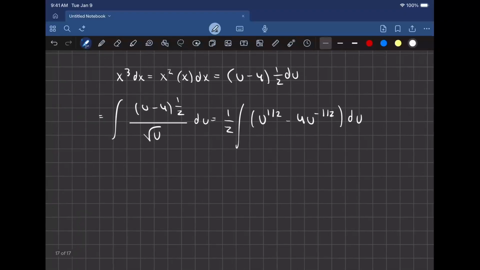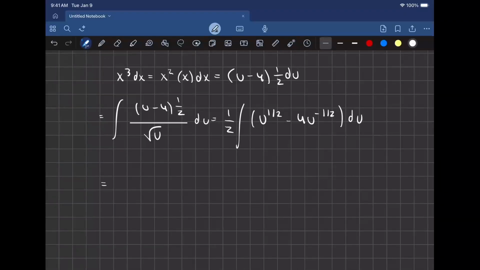Okay. Now let's just integrate this straight through. So we'll have 1/2, 2/3, and I haven't forgotten about the bounds yet, I'll get to it in a second. So 1/2, 2/3 u to the 3/2 minus 8 u to the 1/2 plus c, though we don't need it.